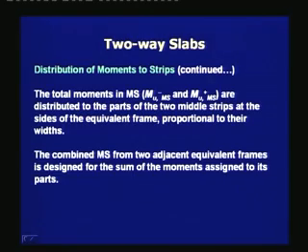That means for one particular equivalent frame, the value that we have got for the middle strip, we distribute in the two portions of the middle strip at the two sides. Now, once we have distributed, for each middle strip, we combine the two values from one equivalent frame and the adjacent equivalent frame to get the total moment in that particular middle strip.